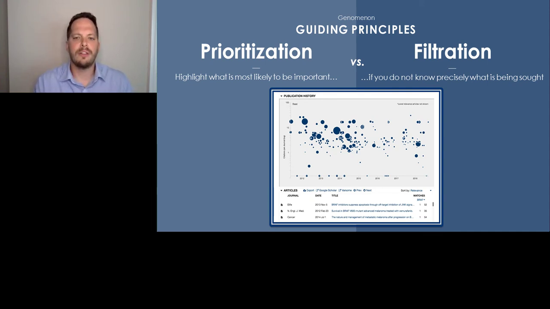And so different filtration strategies may be less appropriate depending on context, whereas a real-time prioritization strategy will allow the user more flexibility in surfacing in real time what aspect of what they're looking for is important to them. And you're less likely to run the risk of throwing something away that's important, which obviously in clinical medicine can be extremely deleterious.